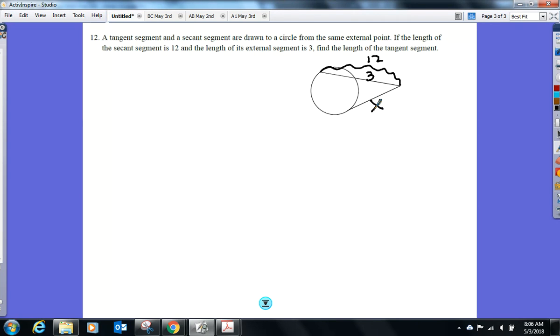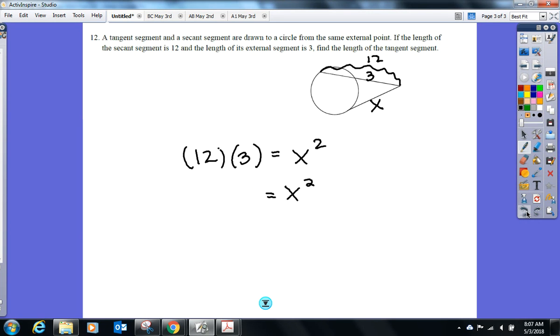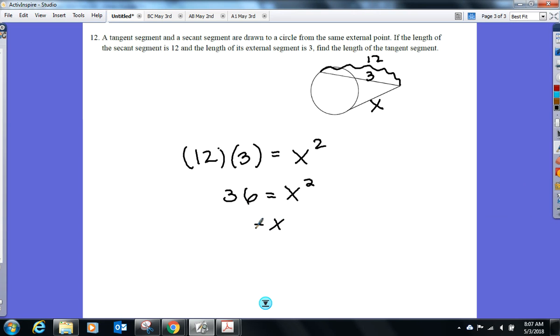Okay, so whole secant was 12. External part is 3. And what do we know about the whole and external part of any tangent? It's always the same, so x squared. And tomorrow I can tell you it won't be this easy. As far as the algebra goes, you may have to factor or use the quadratic formula from what you're left with. Yeah, x equals 6.